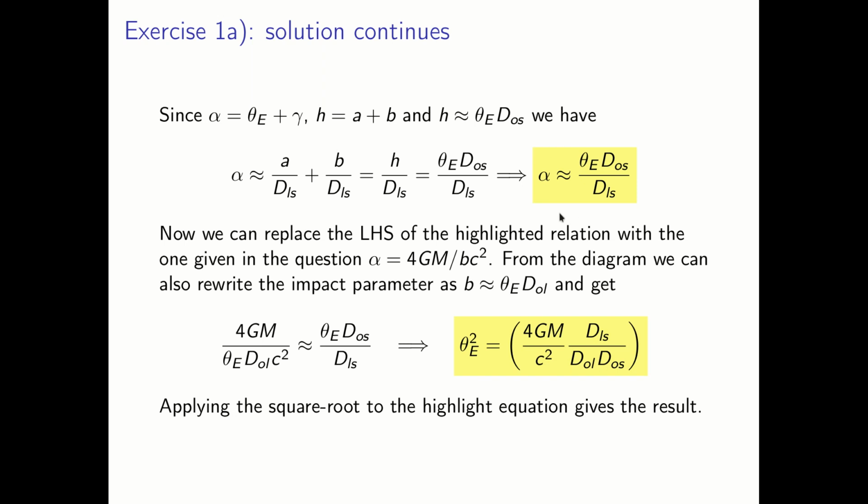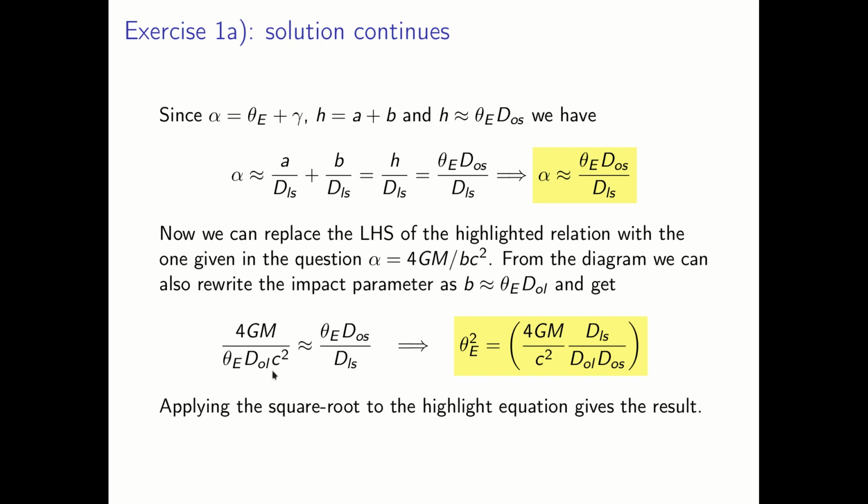Now, the question gives us a relation for the deflection angle, which is 4GM over bc squared. Now we can put this relation here in the left hand side of this other relation, and we get this approximate equality.